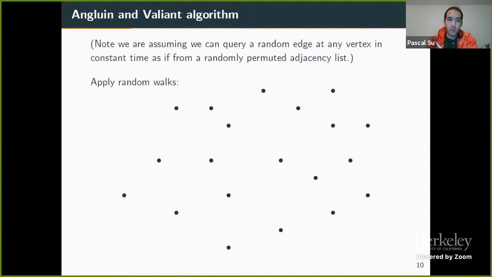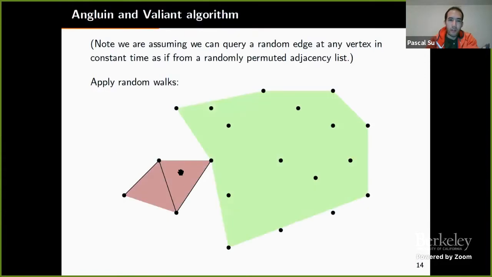And the first intuition is just we want to do a random walk. So if I start from any vertex, I can query a next edge at random, and then with high probability, I'll get some new edge which is currently unvisited. And I'll do this for a while, and as long as my path is very short, the number of vertices which are still used is very small, and the number of unused vertices is very large.